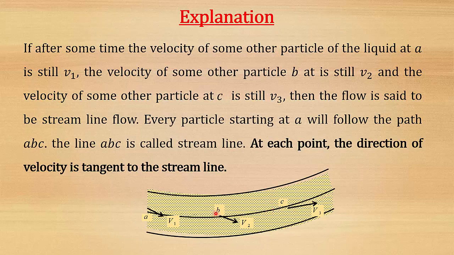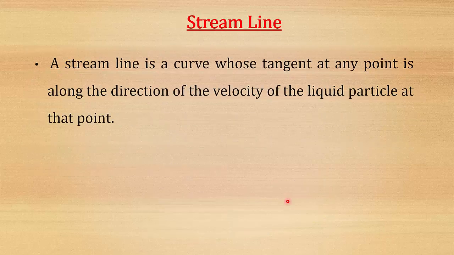Every particle starting at A will follow the path A, B, C. The line ABC is a streamline. At each point, the direction of velocity is tangent to the streamline. You can observe this is tangential to the streamline. So this is all about streamline flow.